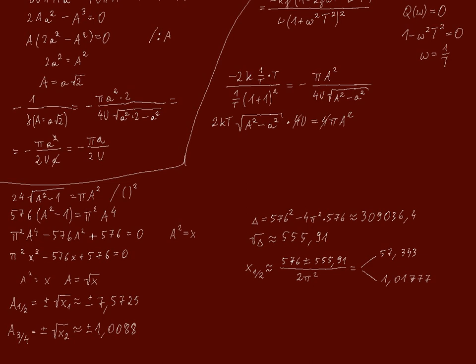Therefore, we have two intersections of both graphs for a frequency of 1/2 radian per second and for two different amplitude values.